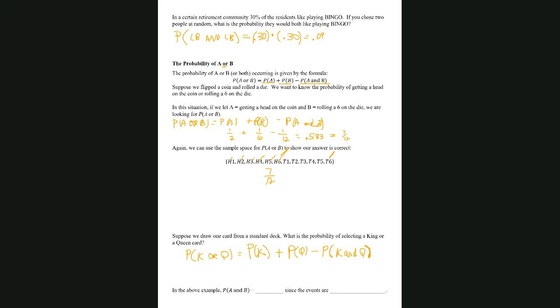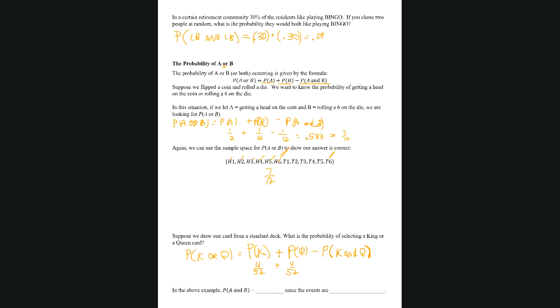Okay, so we're drawing one card from a standard deck. What is the probability of selecting a king or a queen? Okay, so the probability of selecting a king, there are how many kings in the deck? 4 out of 52. How many queens are there in the deck? 4 out of 52. And let me ask you this. Could I, if I draw one card, draw a king and a queen at the same time?